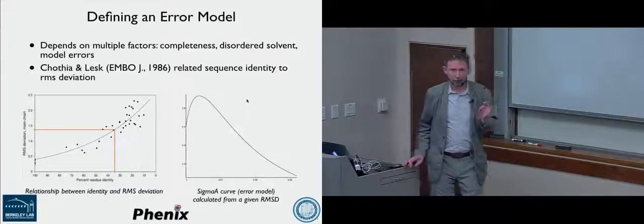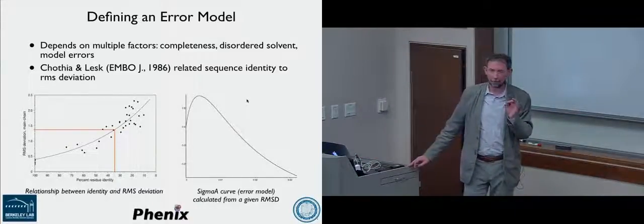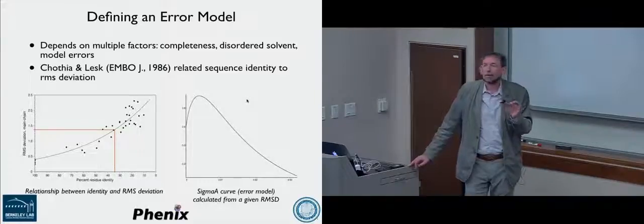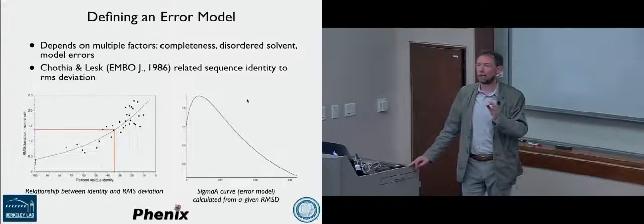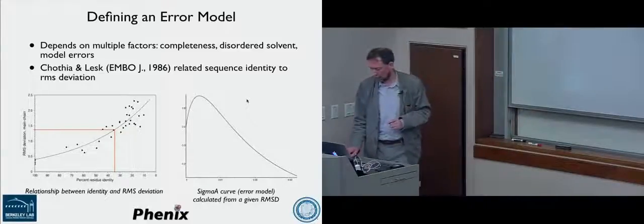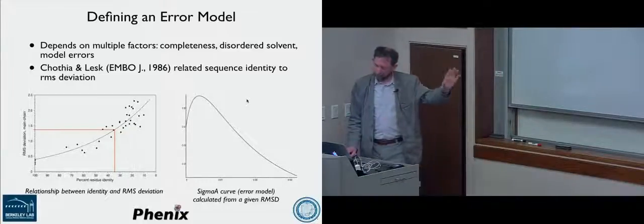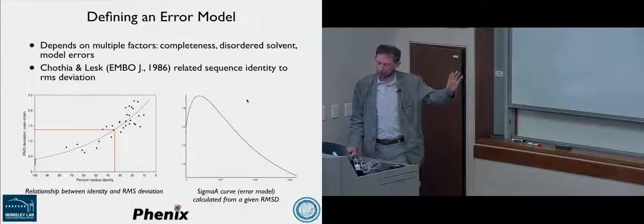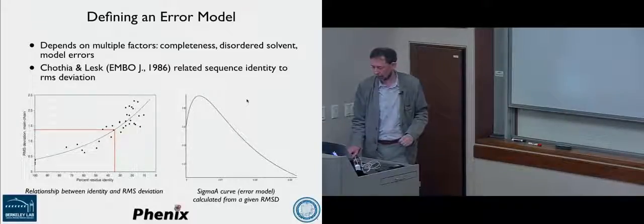So this is why it's very important that you have some idea of sequence similarity, or some estimate for how good your model might be compared to what's in the crystal. Now there are complications, and there are ways that this can be done better, and Randy's group is looking at ways to improve this, but fundamentally it's the idea.